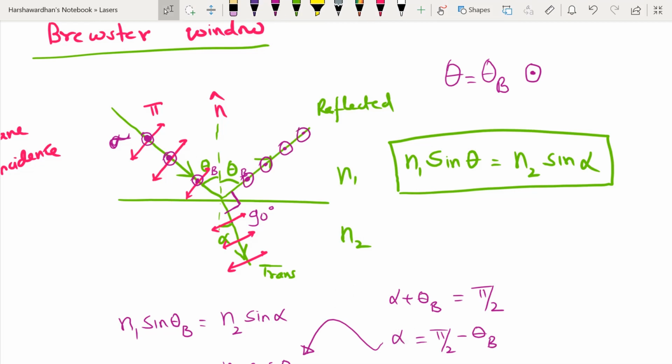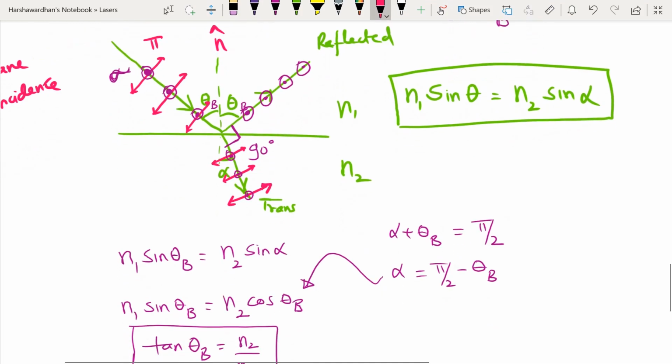Of course, there is sigma polarized field in the transmitted beam as well, but at the Brewster condition, the pi polarization is completely filtered out from the reflected light. Now, if you look at such a situation, you will see that there is an extreme imbalance between the two polarizations. There is no reflection experienced by the in-plane polarization at the Brewster condition.